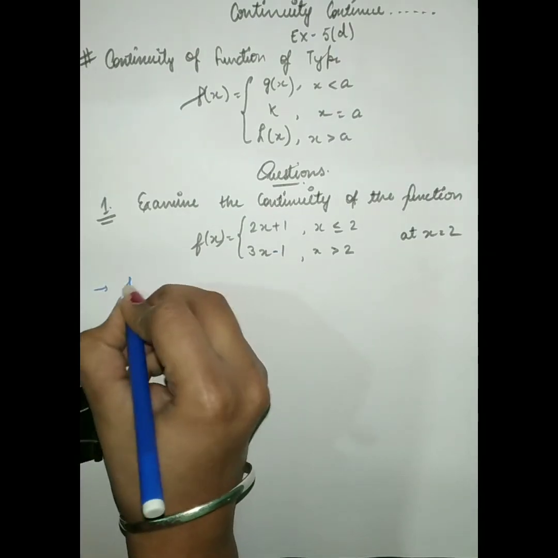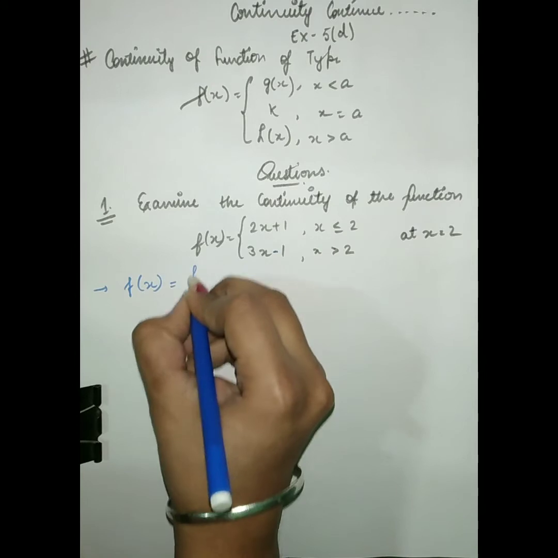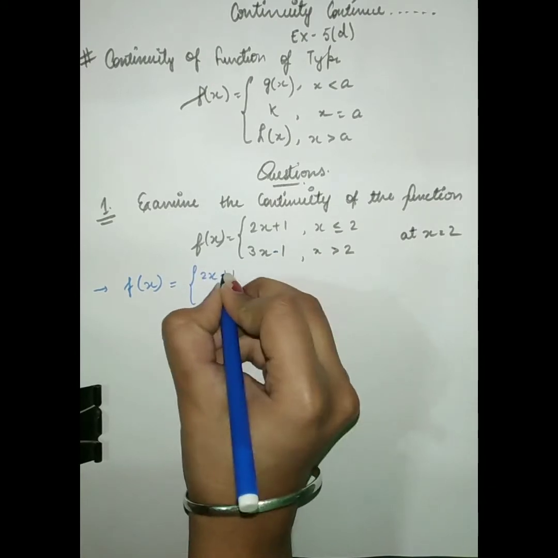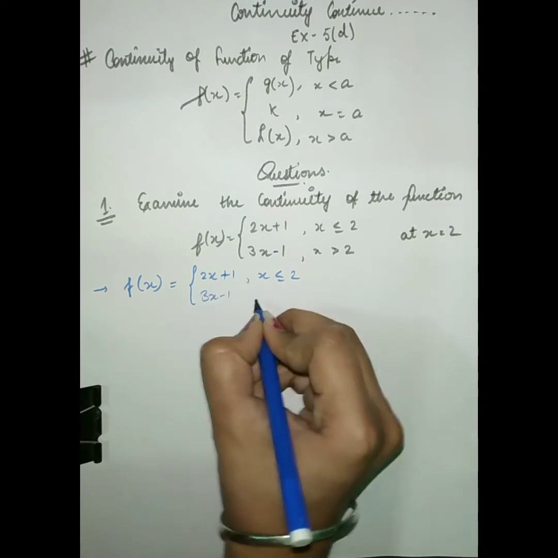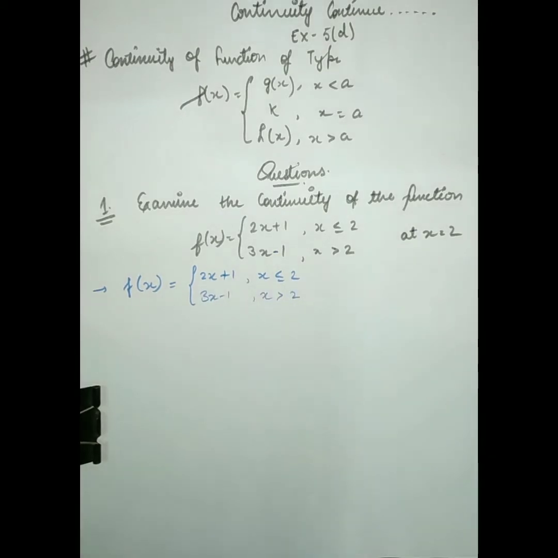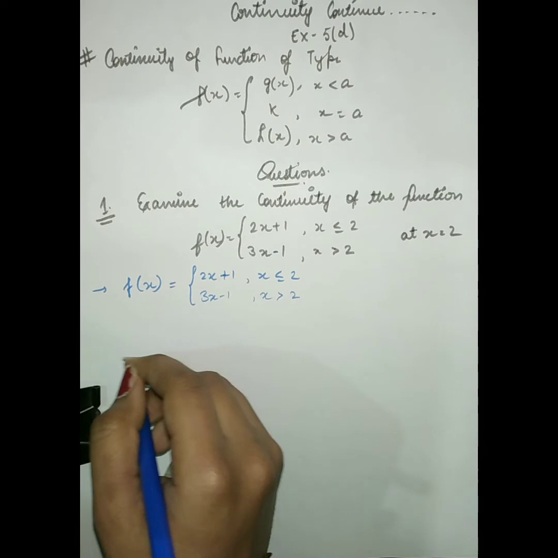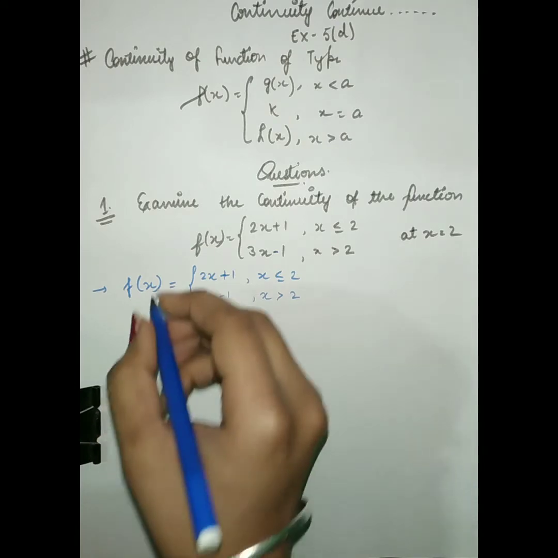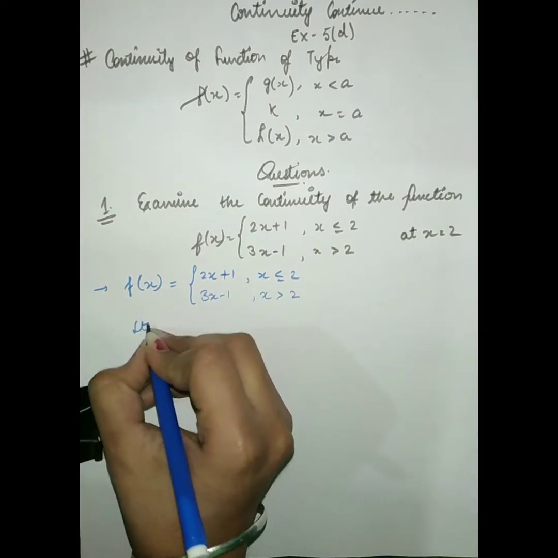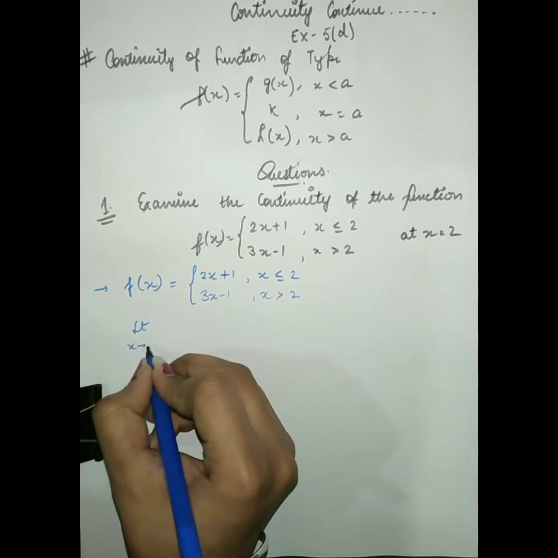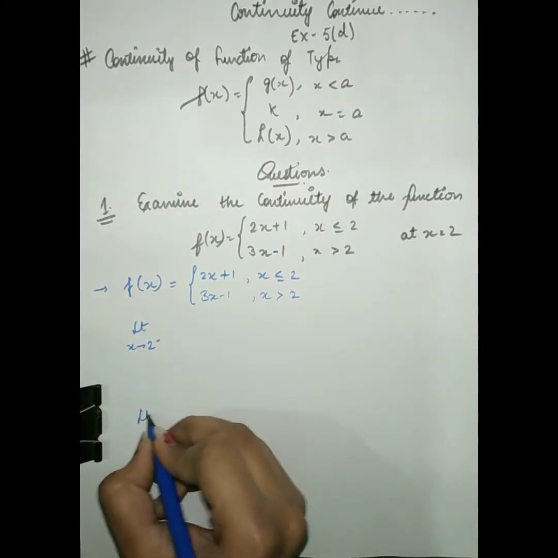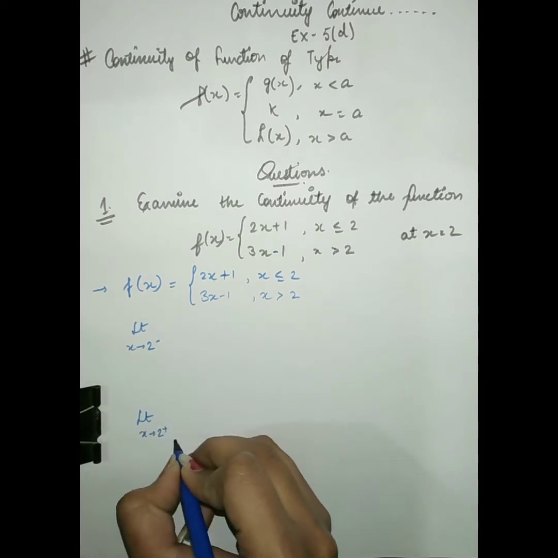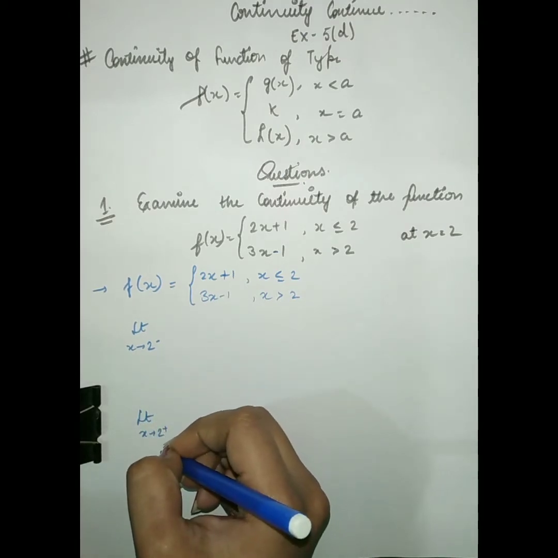Firstly, we are given that f of x is the function 2x plus 1 when x is less than or equal to 2, and 3x minus 1 when x is greater than 2. Now we have to solve this function at the limit x approaches 2 negative and then x approaches 2 positive, that means the left hand limit and the right hand limit.